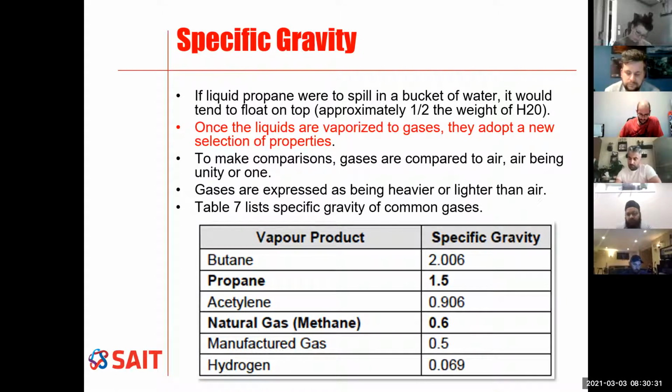This is the reason why you cannot park a propane vehicle in an underground parkade. Next time you go into one, there should be signs saying no propane vehicles allowed. If that vehicle had a leak, guess where all that gas is going to go?